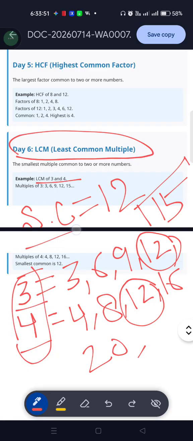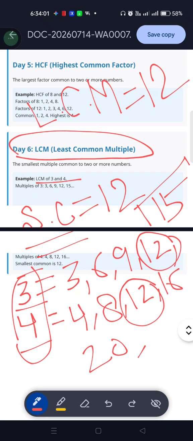That smallest common multiple will be our LCM, which is called lowest common multiple, also least common multiple, and that is 12. So 12 is the least common multiple of 3 and 4. In this way you will find the LCM of any two numbers.